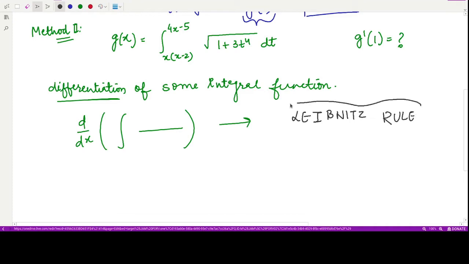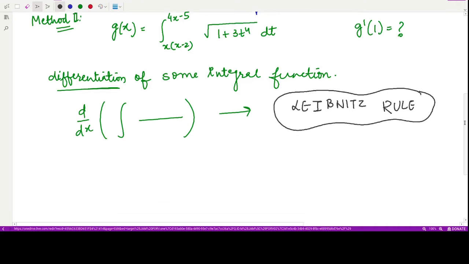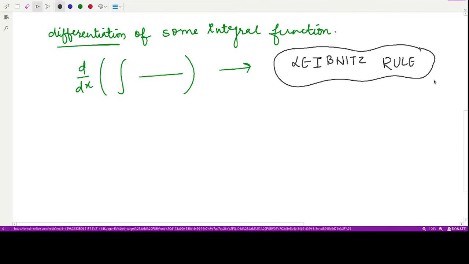Let me write it down first. You should remember this. It is a very nice tool whenever you want to perform the derivative of an integral. You cannot directly calculate the derivative of the integration as you do normally, so for that we have this formula.